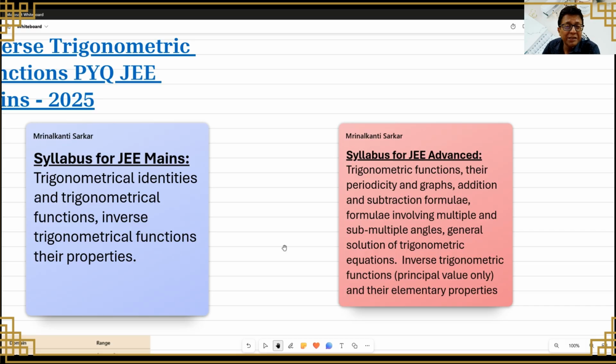What I will say, you need not memorize the formula, all those for different other intervals. Better you learn the concept. And concept of the principal value branch plays the vital role.